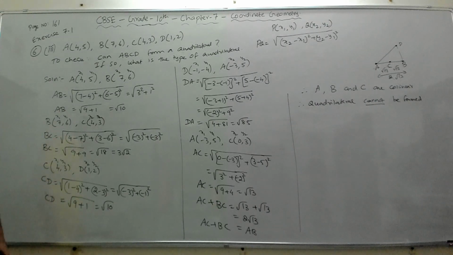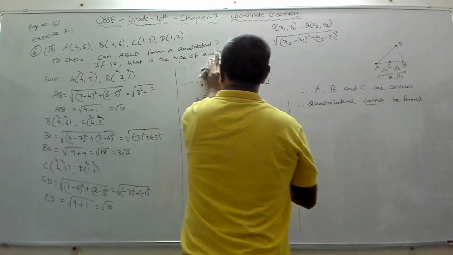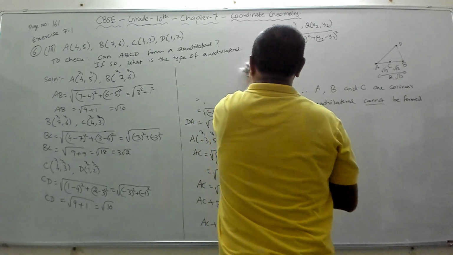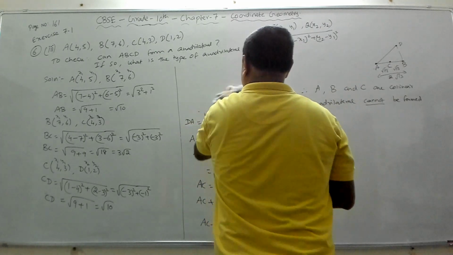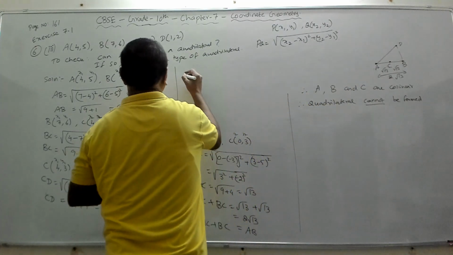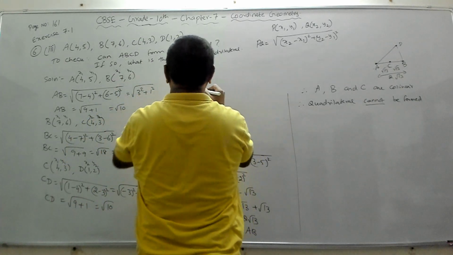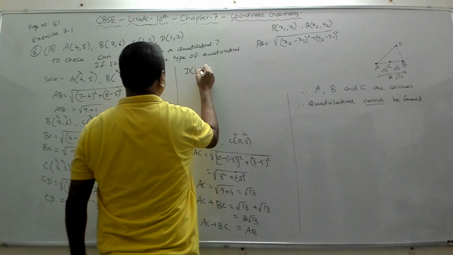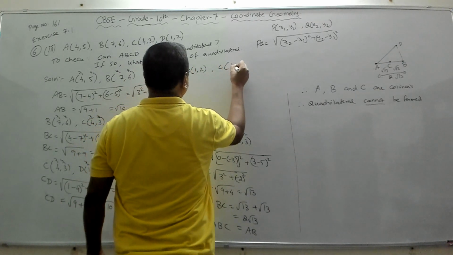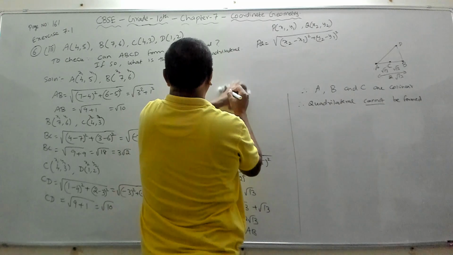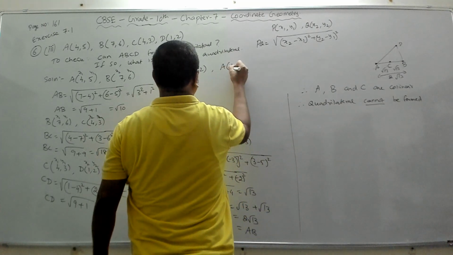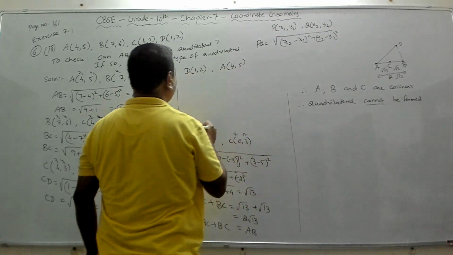Now let's find DA. The point D is 1 comma 2 and A is 4 comma 5.